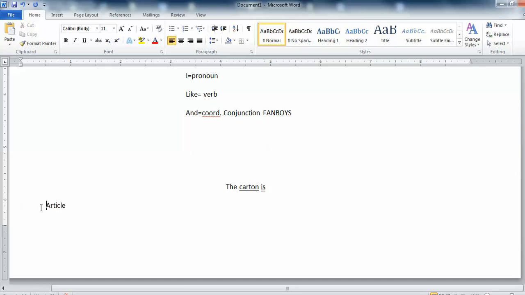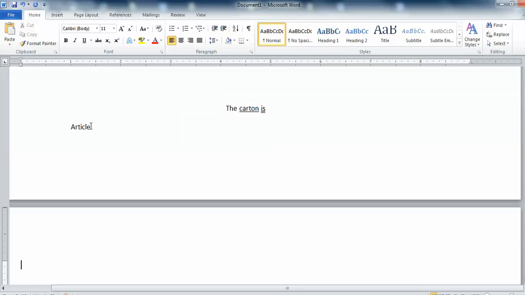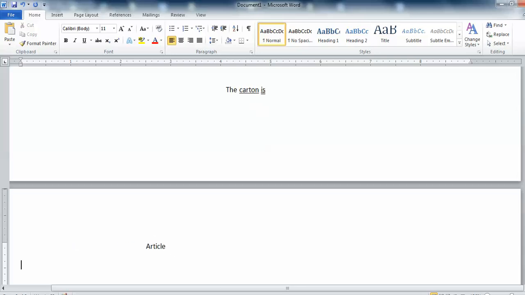There are two kinds of articles. I'll do this because I'm really not sure if I did this before or not. One is the definite article, and that is the. And then there is the indefinite article, and that is a and an.